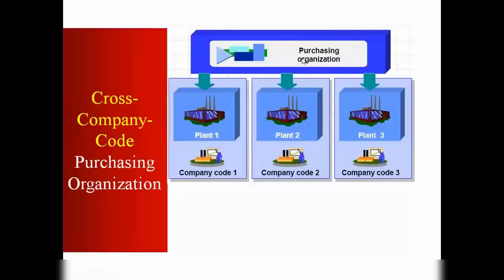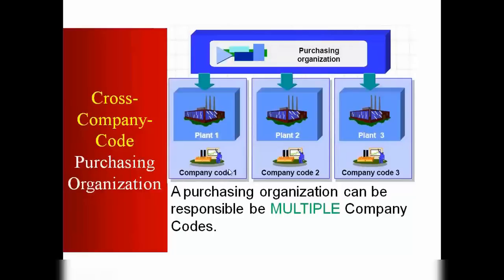Only one purchasing organization is responsible for all three of them. However, those three belong to different company codes. So what it means is that a purchasing org can be responsible for multiple company codes, more than one company code, like this example.